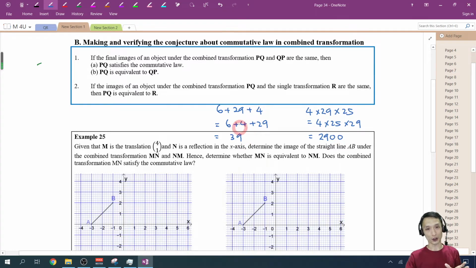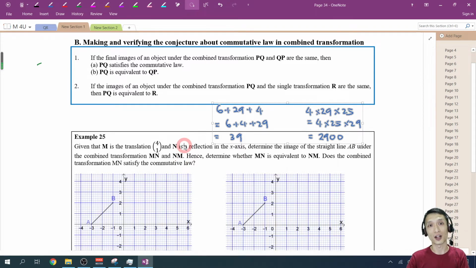But today we are not talking about commutative law for calculations. We are talking about commutative law in combined transformation. So how do we know that a given combined transformation satisfies commutative law or does not?